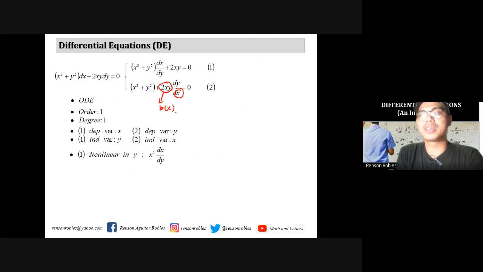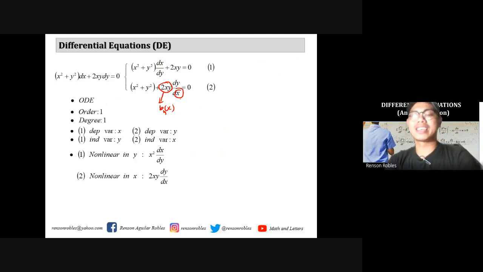Remember b sub 0, b sub 1 of x, b sub 2 of x, or b sub n of x. So this is our b sub n of x. However, there is the presence of y. That's why we can say that it's also nonlinear in x. So this differential equation is nonlinear in both y and x.